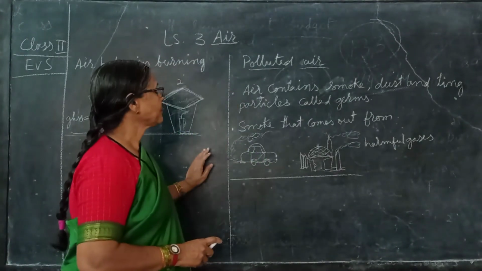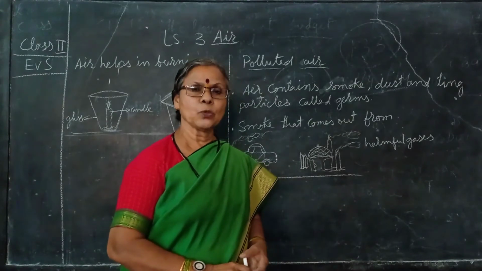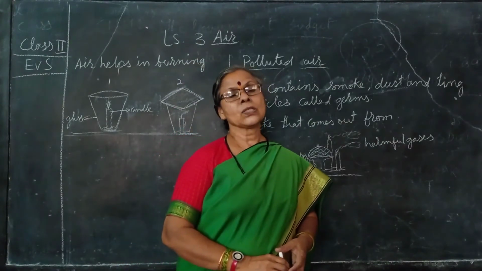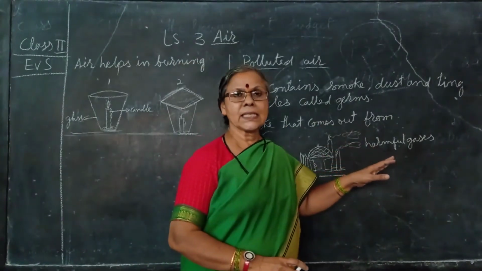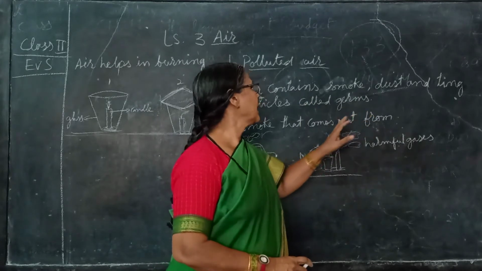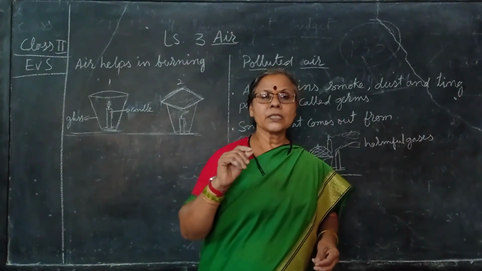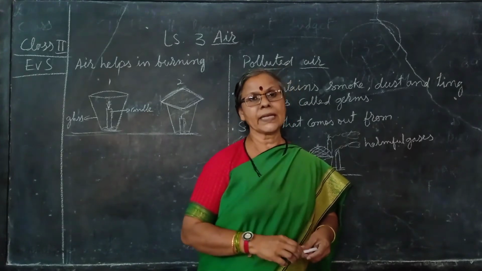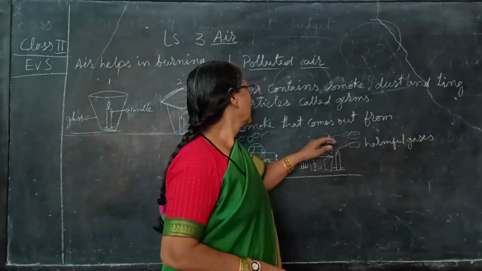Then next, polluted air. We need fresh air to breathe, isn't it? When air contains many gases, smoke, dust and tiny particles or small germs which we cannot see with our naked eyes, those things are present in the air.